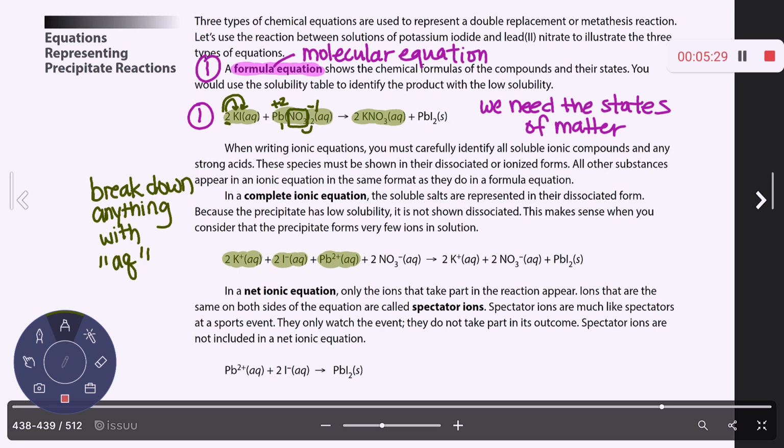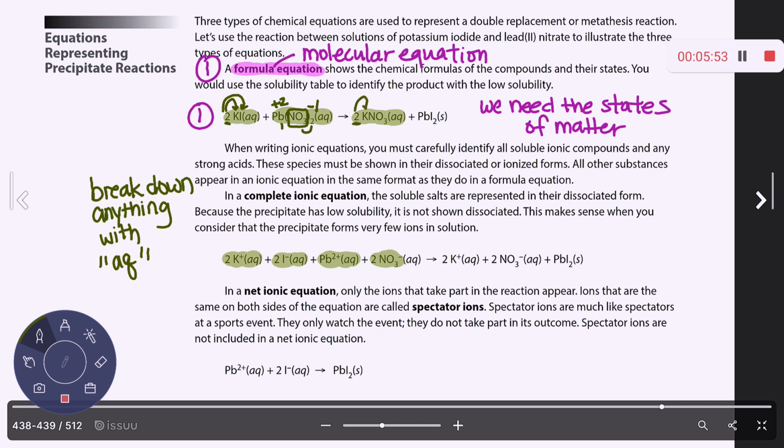And then since there are parentheses around the NO3, I have 2 NO3s, but that little 2 has to go in front, like it is right here. So anytime you have something in parentheses, the number on the outside goes in the front. So I have 2 NO3s, and the charge on NO3 is a -1. On the product side, I have a 2 in front of the KNO3.